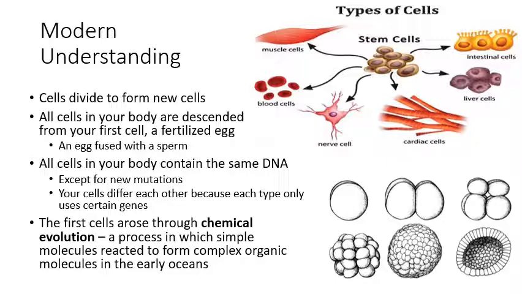First, they form simple organic molecules, and then later on, those simple molecules react together to form complex organic molecules. And at some point, those complex organic molecules kind of develop into a protocell or an early, not super a life form, but like a proto-life form.